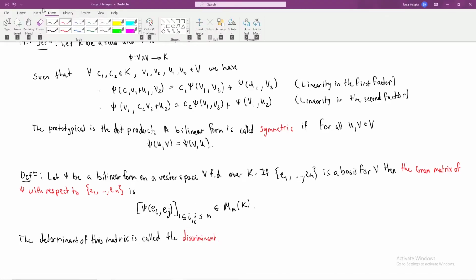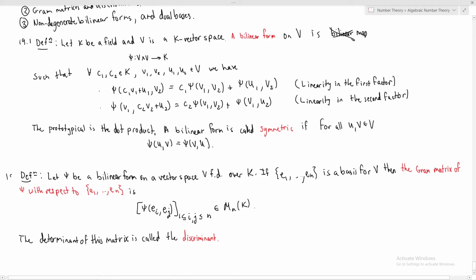Okay, and this should have been numbered 19.2.